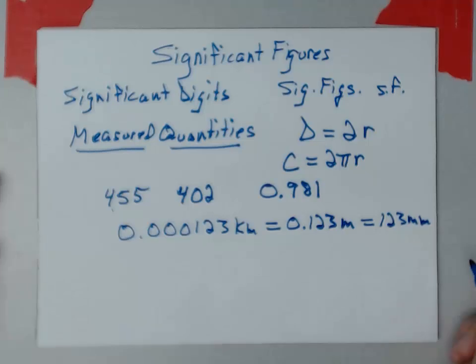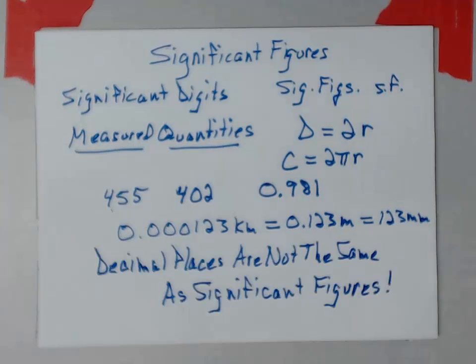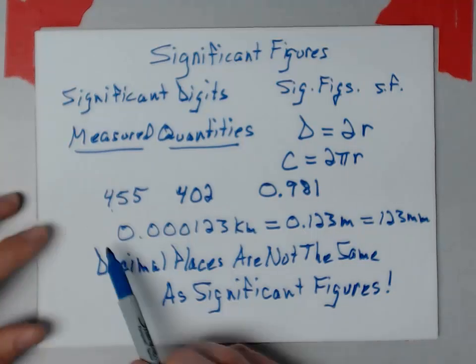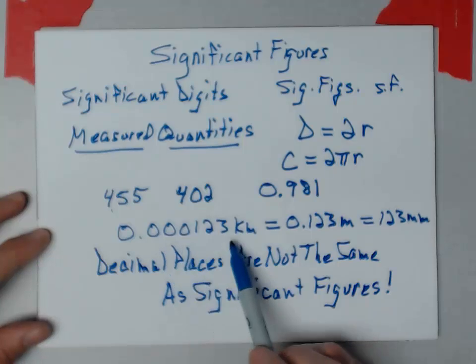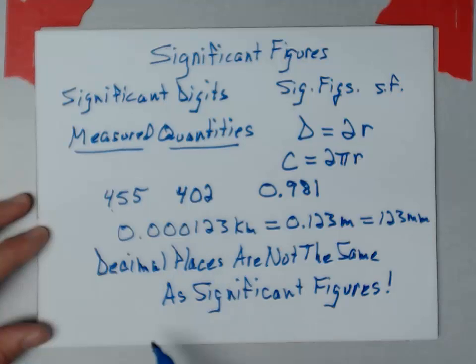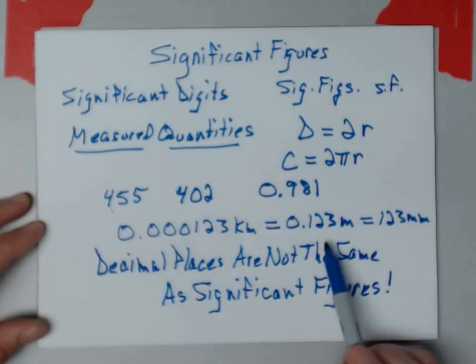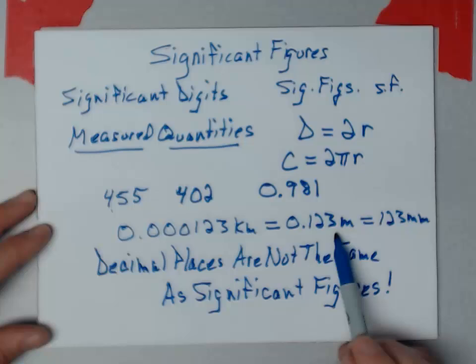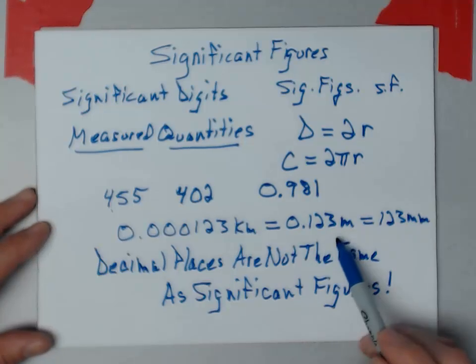Now, an important distinction here. Decimal places are not the same as significant figures. You look at this number, it has 1, 2, 3, 4, 5, 6 decimal places, but it has only 3 significant figures. For this number, the number of significant figures happens to equal the number of decimal places, but that's not always the same.